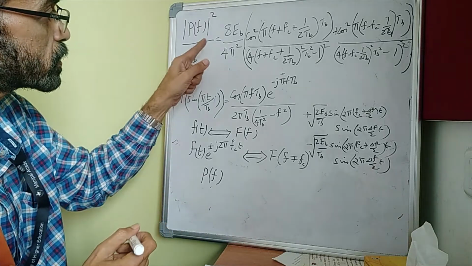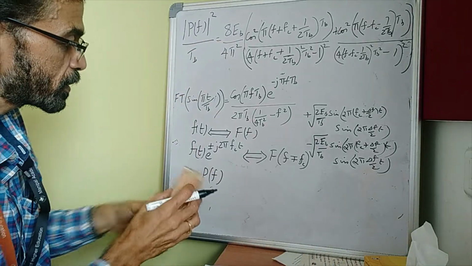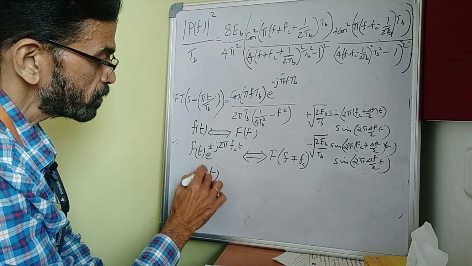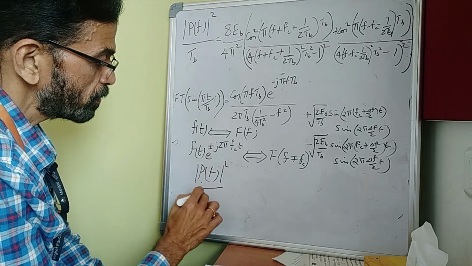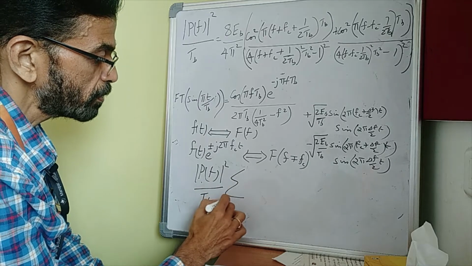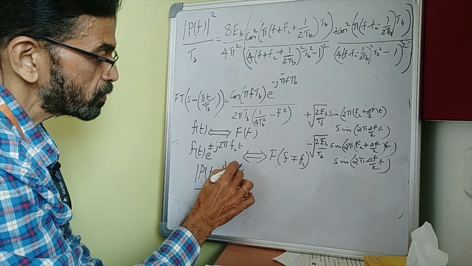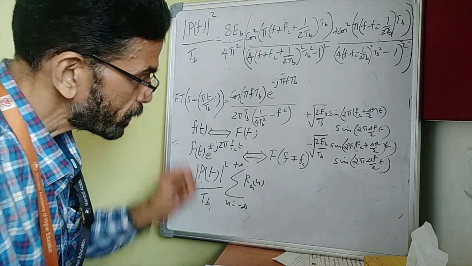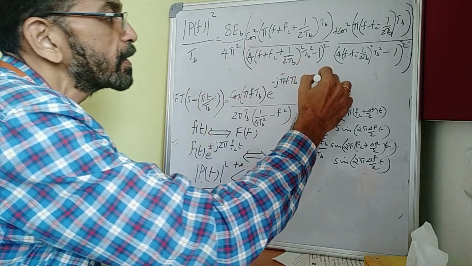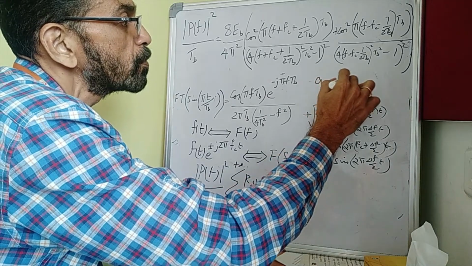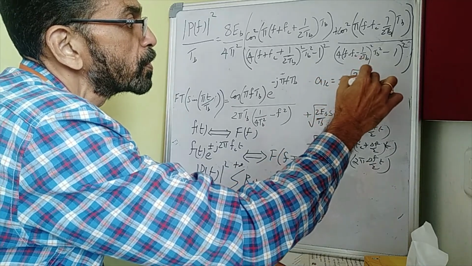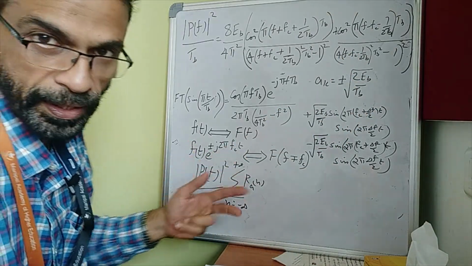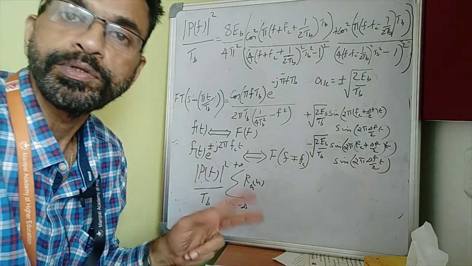I just have to make a small correction here. Remember that the power spectrum is |P(f)|^2 by Tb multiplied by the sum over n from minus infinity to plus infinity of R_A(n) and all those terms. Since ak is equal to plus or minus root 2Eb by Tb with equal probability, ak is a discrete random variable taking on these two values with equal probability.